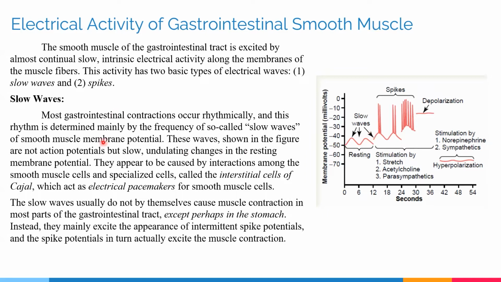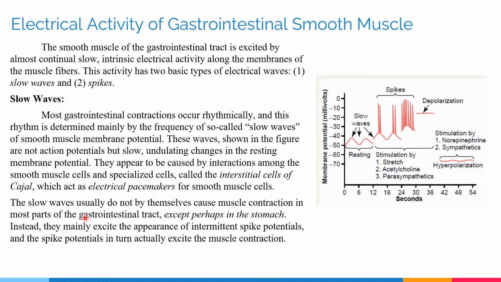These waves shown in the figure are not action potentials but slow undulating changes in the resting membrane potential. They appear to be caused by interactions among the smooth muscle cells and specialized cells called the interstitial cells of Cajal, which act as electrical pacemakers for the smooth muscle cells.